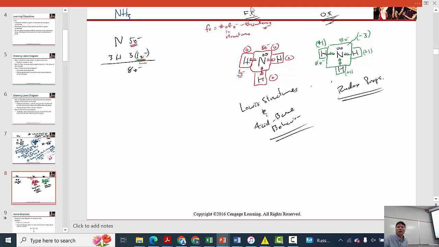Secondarily, we could use oxidation state for acid-base behavior as well, plus acid-base. But it isn't its primary use. For oxidation state, the primary use is for redox properties.